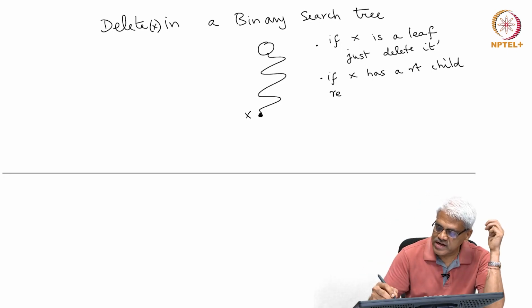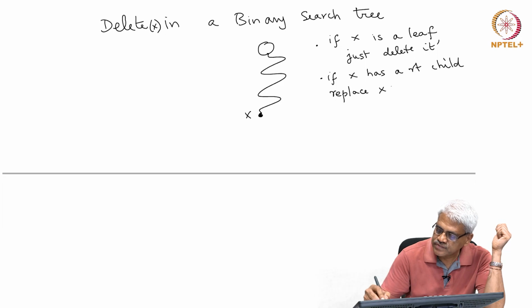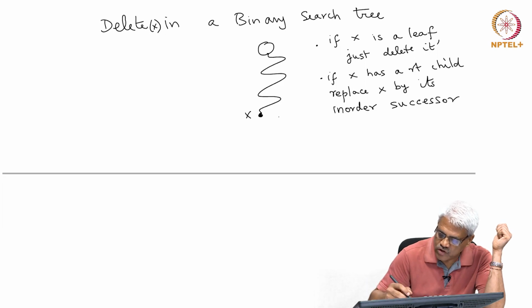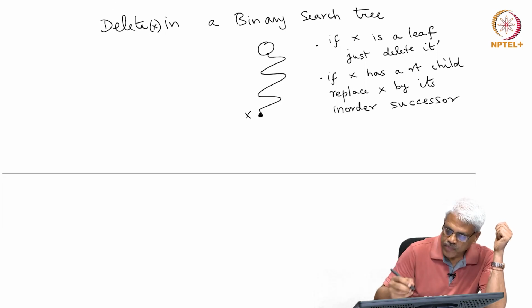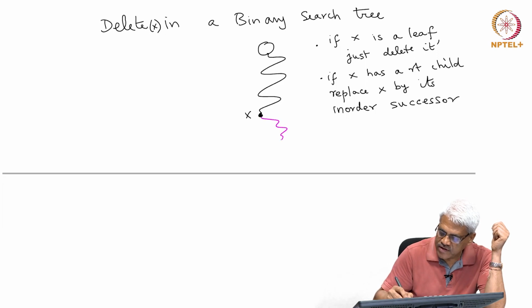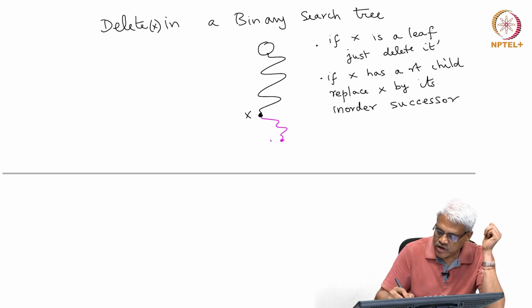So if x has a right child, replace x by its in-order successor, which you know how to compute. We talked about it, right? If x has a right child, there is an in-order successor y.